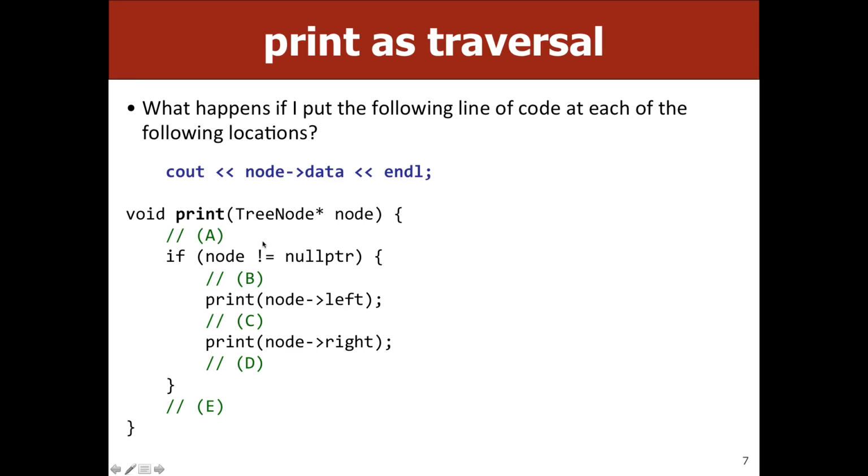So, okay, what do you think would happen if we put this line here at B? Is it going to be a type of traversal? Yes. Yeah, exactly.